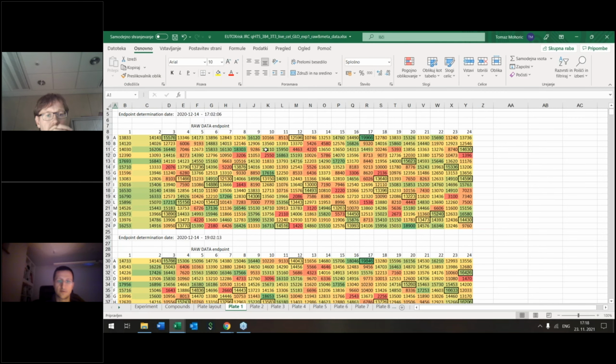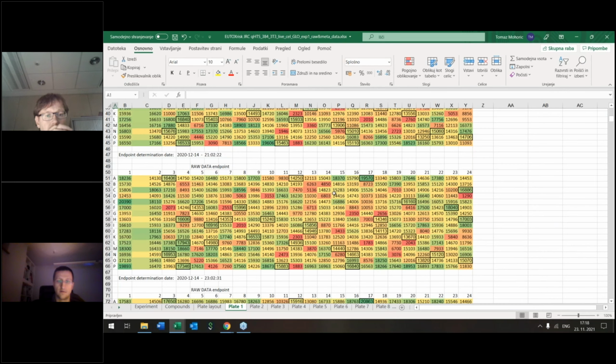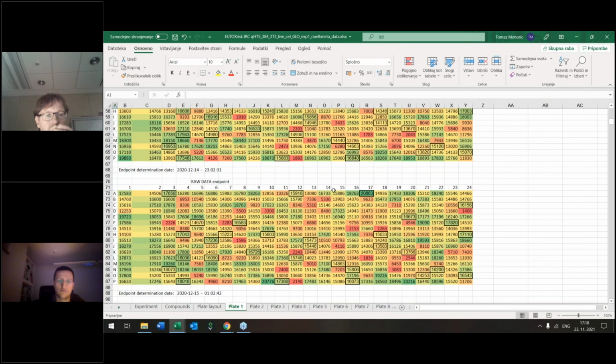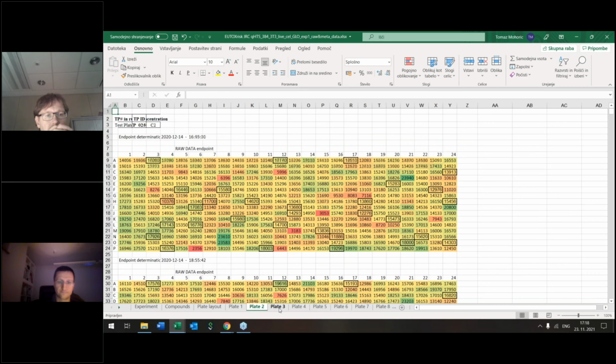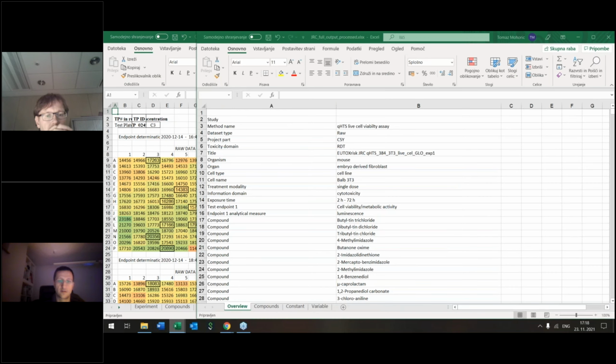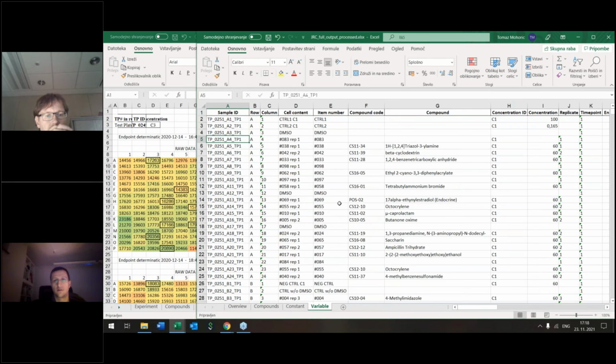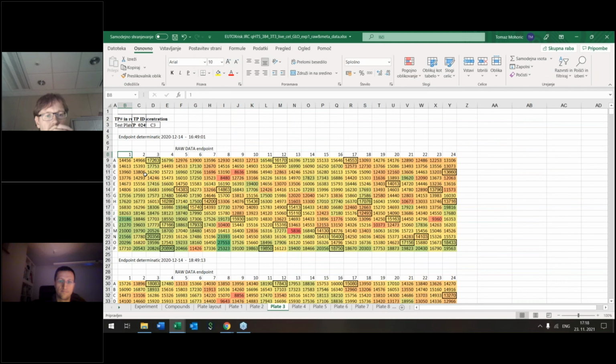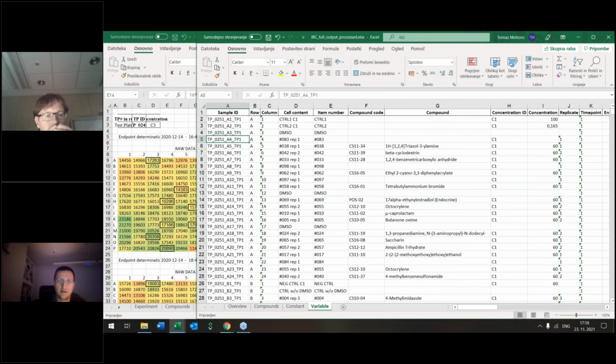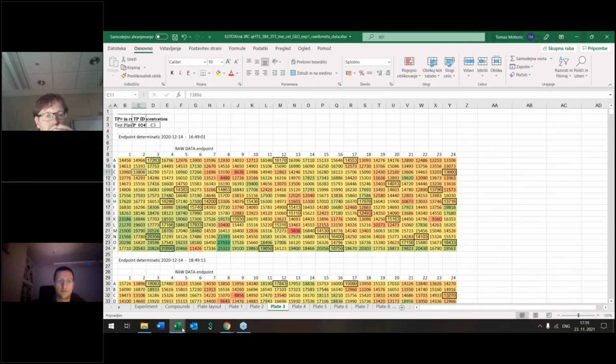So these were measurements produced by the instrument, and the question was how to convert all this data into a format that was agreed for the whole project. So, for example, these plate layouts were converted then into Excel, where each row contained the measurement of one well, and everything was defined.